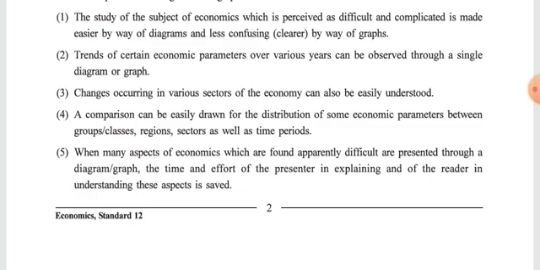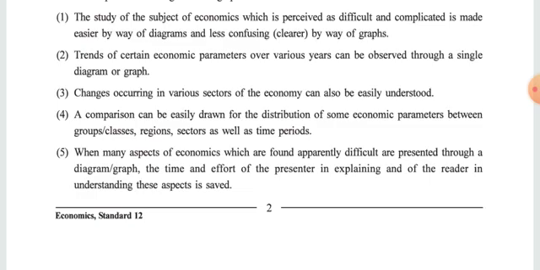So in the initial years, the contribution of agriculture in total GDP was more than 50%, which reduced to 26%. And the contribution of the service sector, which was almost 26%, has increased to almost 65 to 70% in recent years. This can be easily traced with the help of economics, diagrams and graphs.